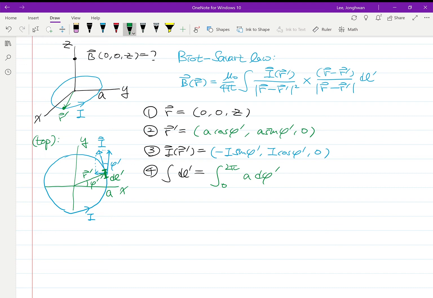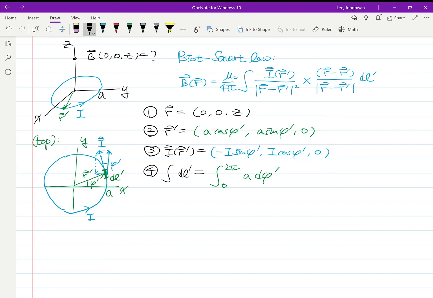So it's proportional to a, so it's a times d phi prime. So now we found all the components, so you can plug these into the Biot-Savart law equation and just do the math. I will show you that.